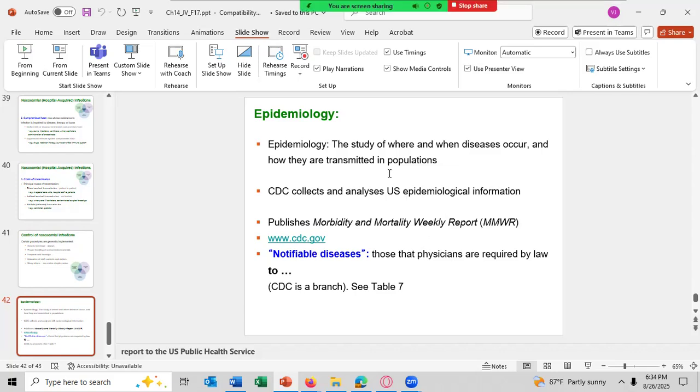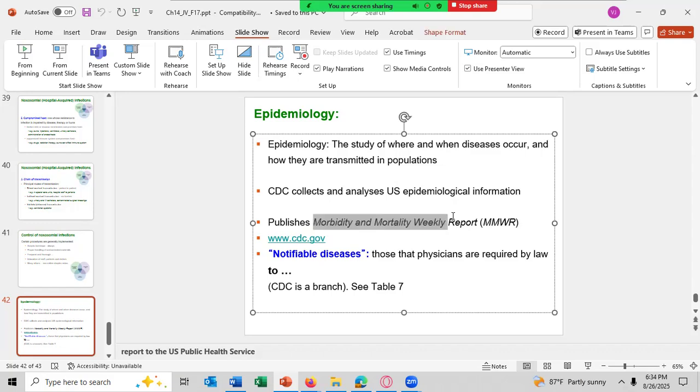The Center for Disease Control collects it, analyzes all the U.S. epidemiological information, and then publishes it weekly in the Morbidity and Mortality Weekly Report, which is called MMWR because Morbidity and Mortality Weekly Report is just too much of a mouthful to say.